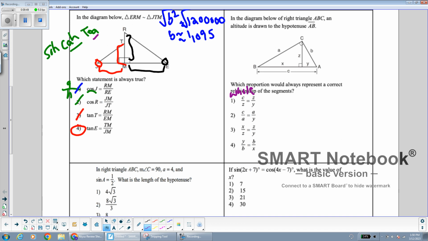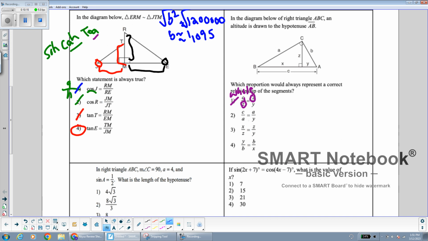So this would have to be the leg rule, because the leg rule is the one that uses the whole hypotenuse. And the leg rule says that the leg of the right triangle is the mean proportional between the whole hypotenuse and the part of the hypotenuse directly below the leg. But I see that there is z in here, and z is the altitude. So this is not correctly set up for the leg rule.